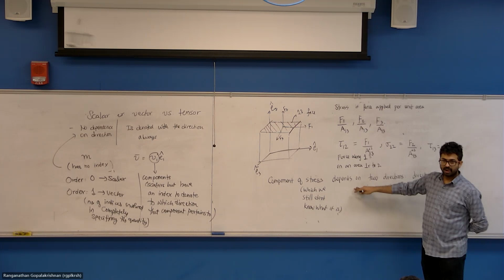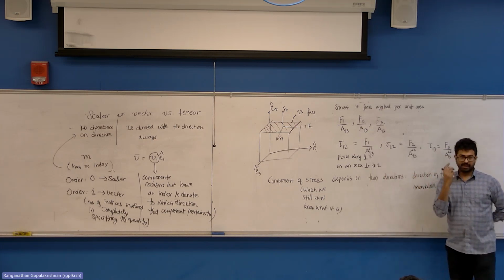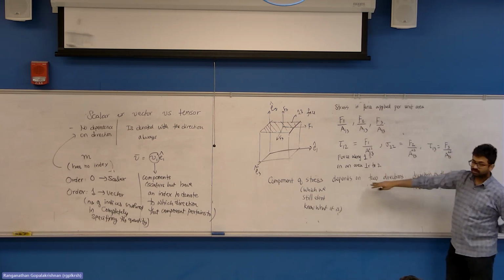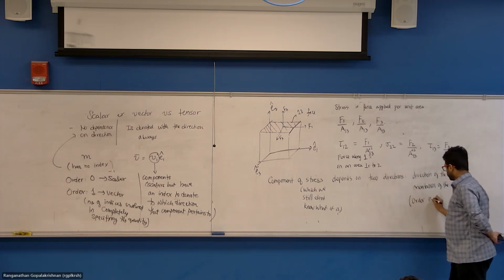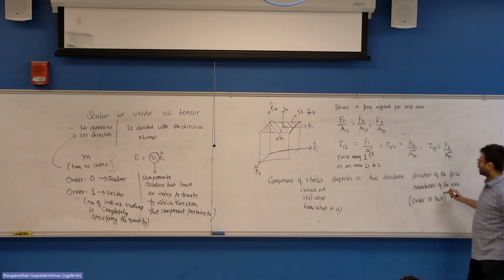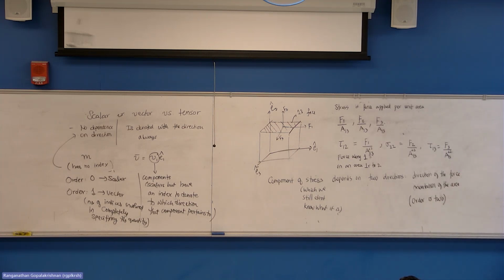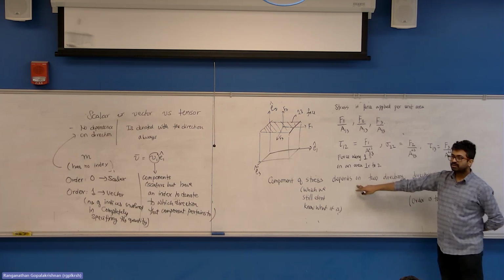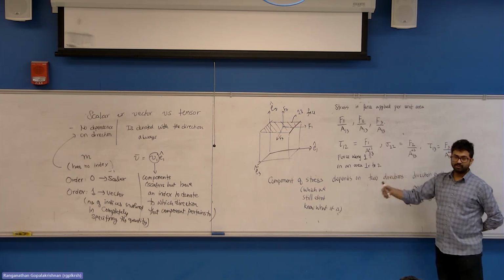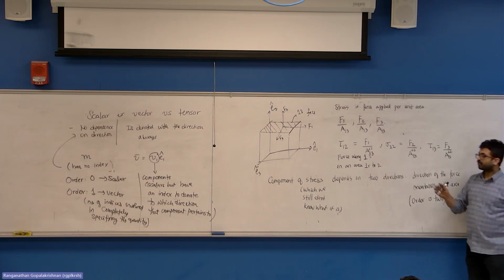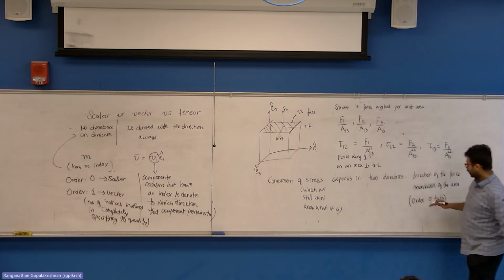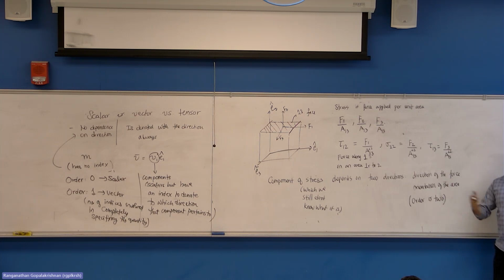You're with me? That two independent directions are determining this component makes the order of this component 2, one for each direction. If three independent directions determine this component, order would be 3, 4, 5, and so on. There are tensors that are third order, fourth order, or even eighth order that are involved in certain materials. But for most of our purposes, we'll work with 2 or 3 only, or maybe 4, not more than 4.